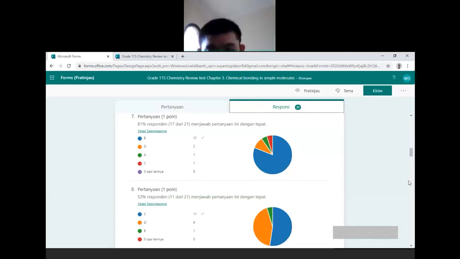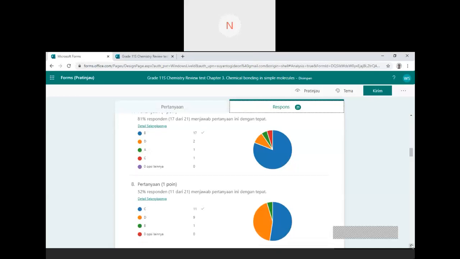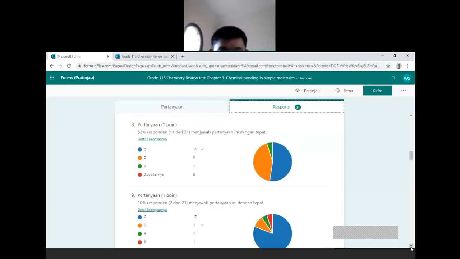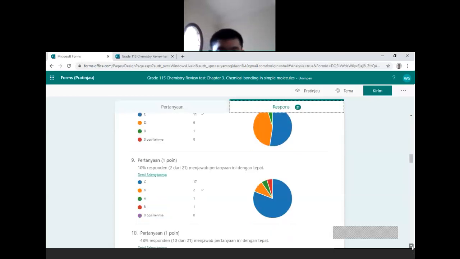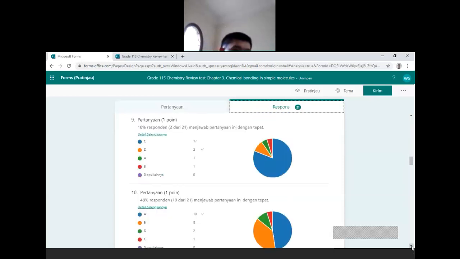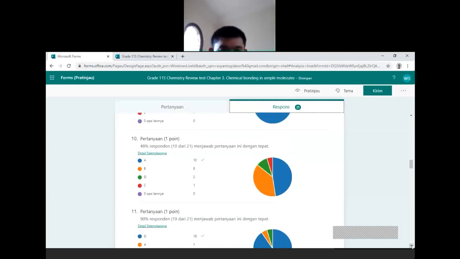Teacher, to solve that question, should we look at the number of bonding? Yeah, you should look at the central atom and then the number. That's why I like to use a test like this, because I can see which one is the weakness.